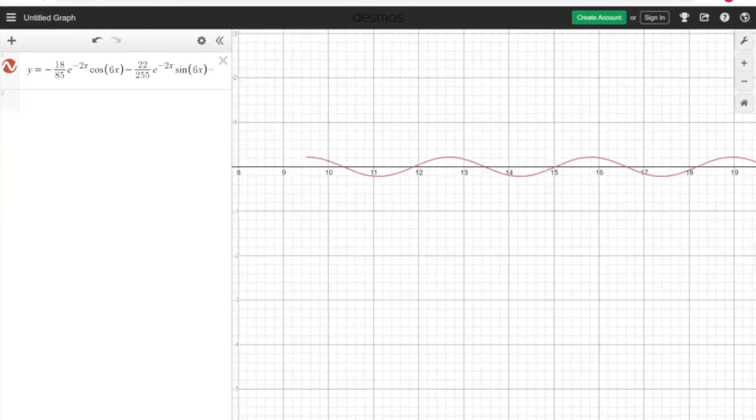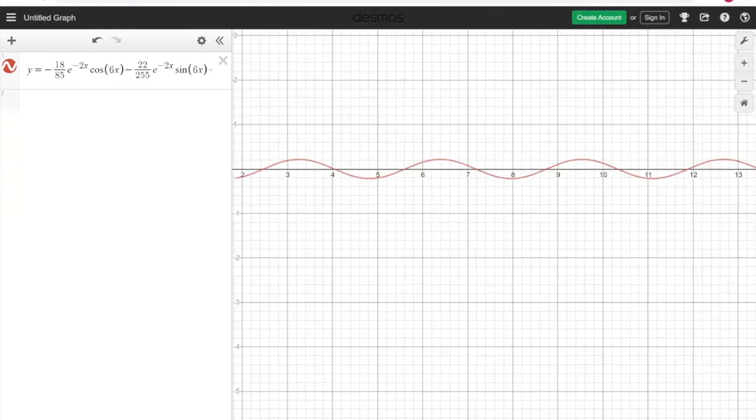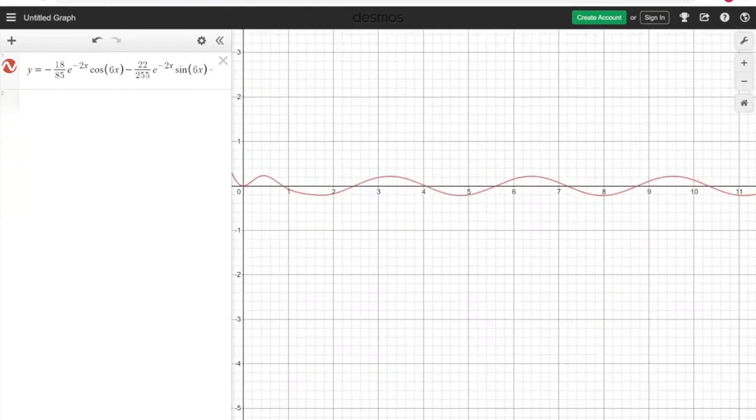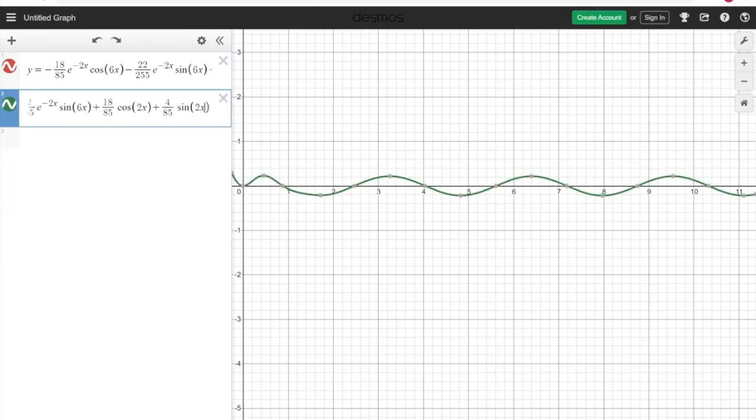So let me try to plot the transient solution. Okay, delete the particular solution part. Then we're going to have the transient solution part only. Right, there we go. So look at that.